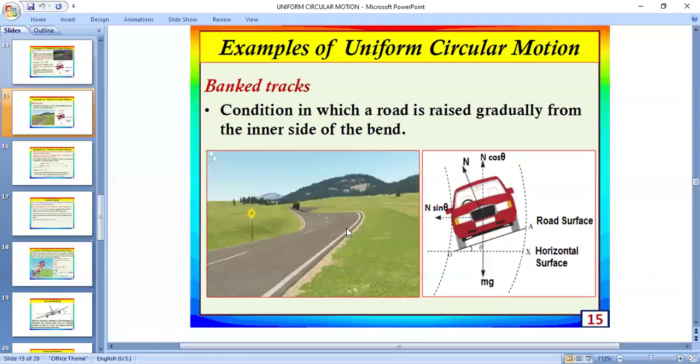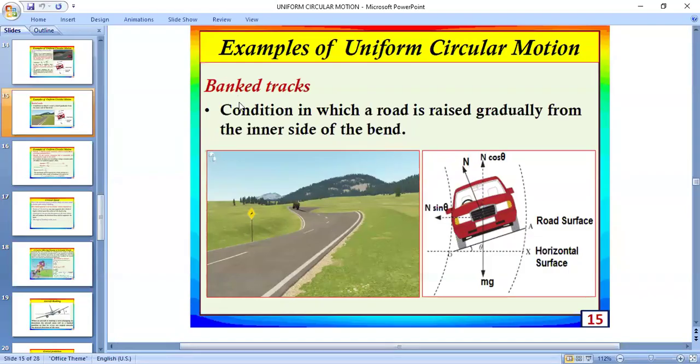As you can see, on the right it is raised and on the left it is actually lower, forming a dome shape, D-O-M-E. So in this case, if we raise the road like this on one side and somebody is passing there at a higher speed, then we reduce the chances of him skidding.